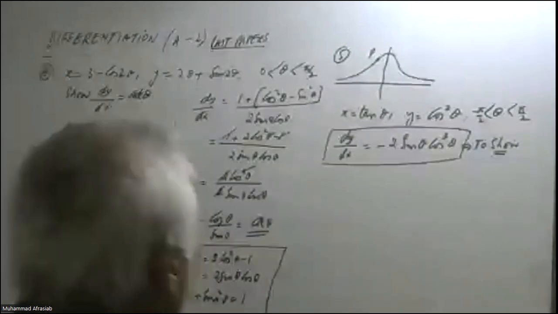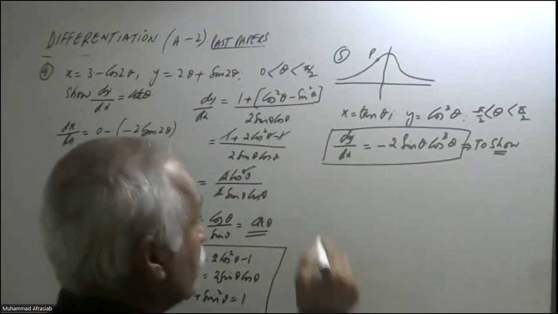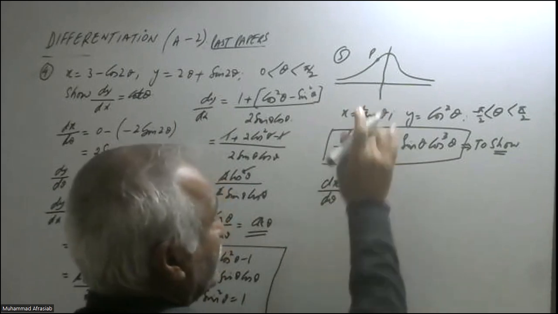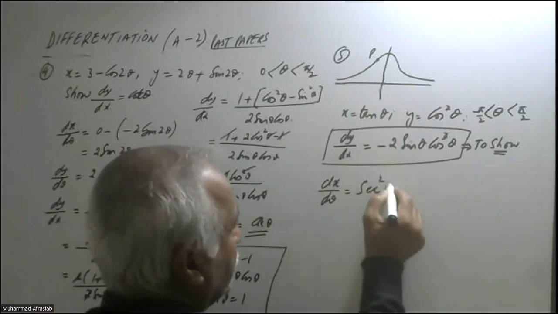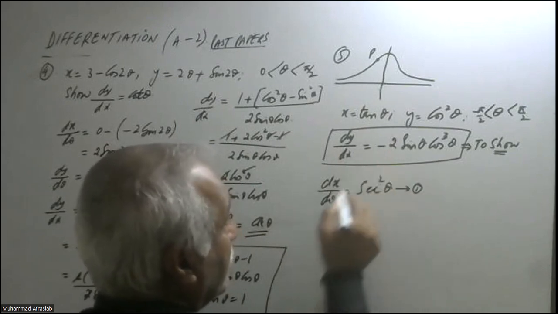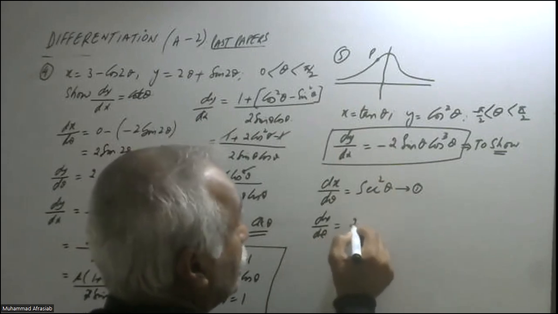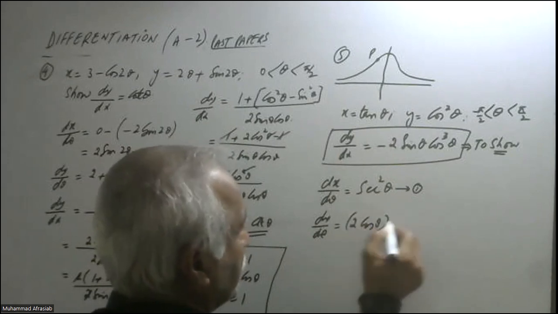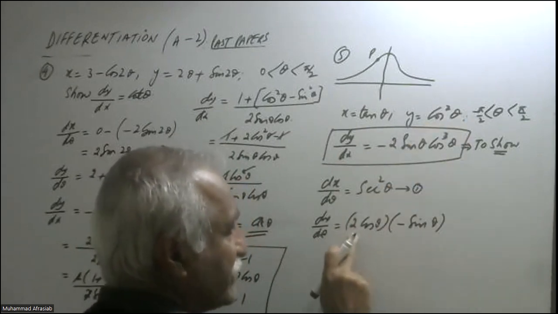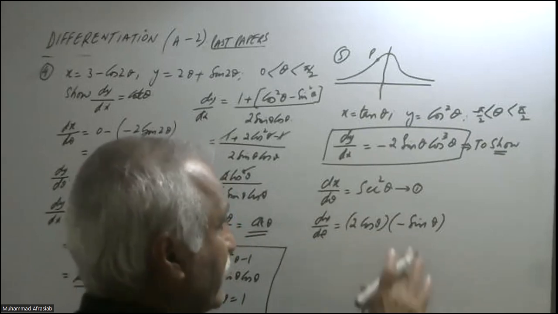This question is in parametric form, where x and y depend upon θ. So you can calculate dx/dθ. The derivative of tan θ is sec²θ. Let's say that is 1. dy/dθ is equal to 2 cos θ into minus sin θ, because the power 2 becomes the coefficient, and the derivative of cos θ is minus sin θ.